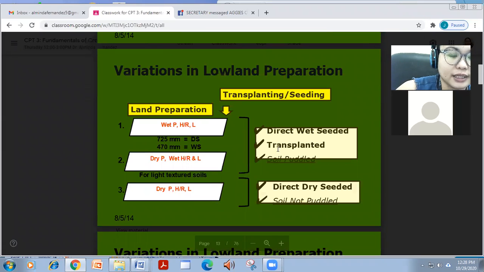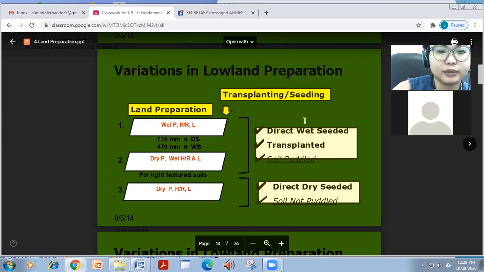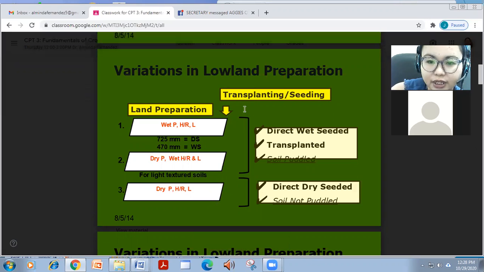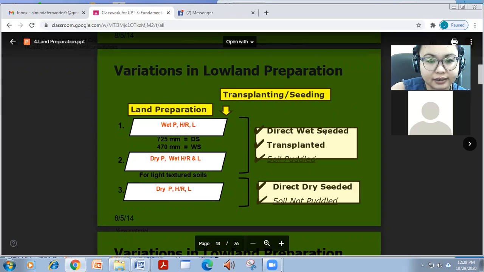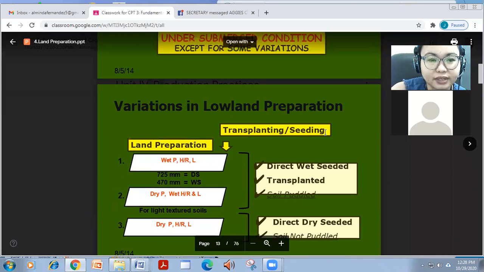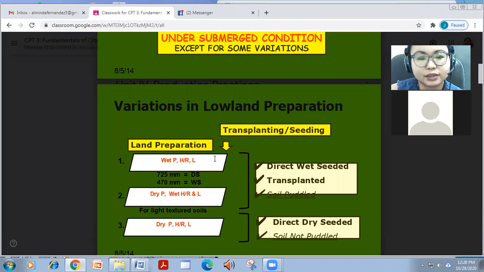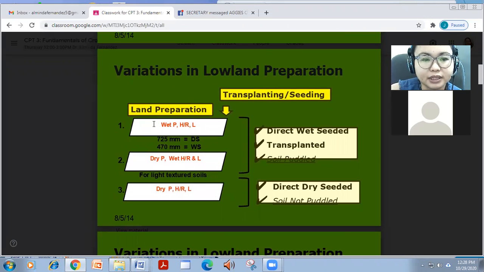So its variation only in lowland preparation is that the land preparation is for transplanting or seeding, no? Kasi meron ding rice na upland siya. So for lowland preparation, this is usually done, no?